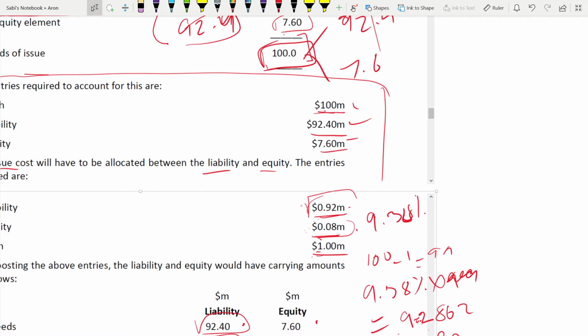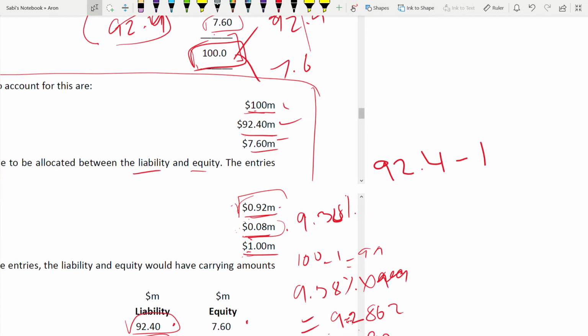1 million. Okay, so liability is 92.4. Okay, minus 1 million. Okay, correct, because now 1 million will go out, issue cost.